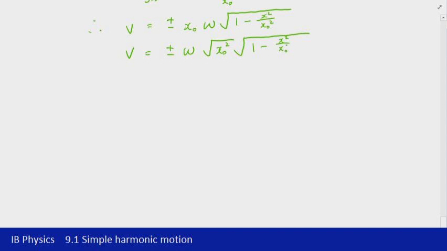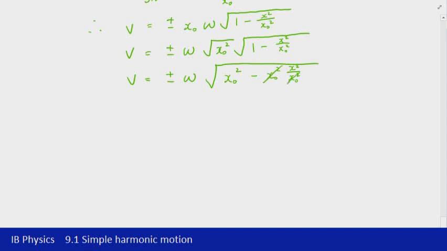The reason why we're doing that is to collect all of these x naught terms. The next step then, if we're multiplying two square roots together, we can simply multiply through across both terms, but keep in mind here we've got this subtraction term in the middle. So that x naught squared needs to be multiplied across both terms. So basically we're going to have x naught squared minus x naught squared multiplied by x squared over x naught squared.